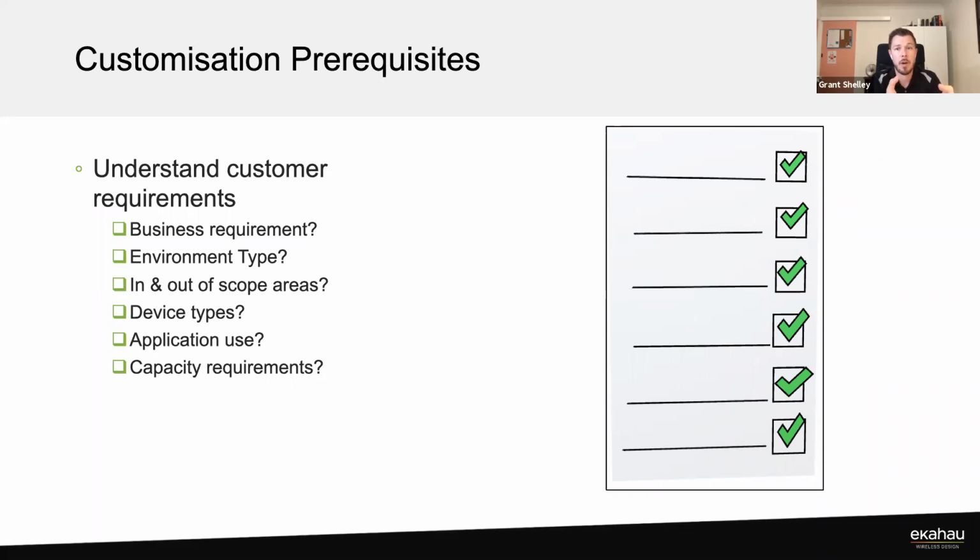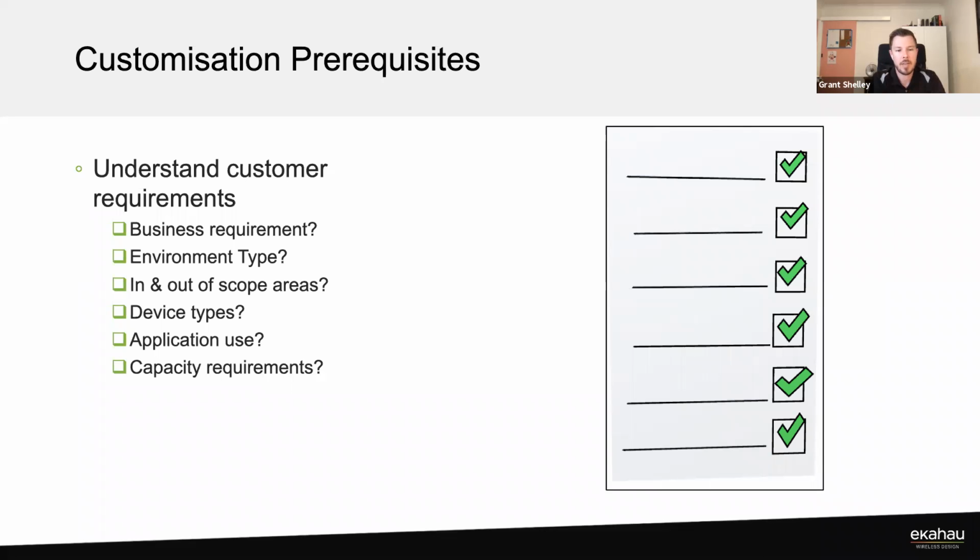When we talk about environmental type, what vertical is it going to be in? Is it a warehouse? Maybe it's going into healthcare, education, enterprise. Maybe it's outdoor. Maybe it's a combination of those verticals, like a warehouse with an outdoor environment as well. What are the scoped areas? What is in and out of scope? Usually customers, if they're not sure, are going to come back with the Wi-Fi 101 of, I want everywhere covered.